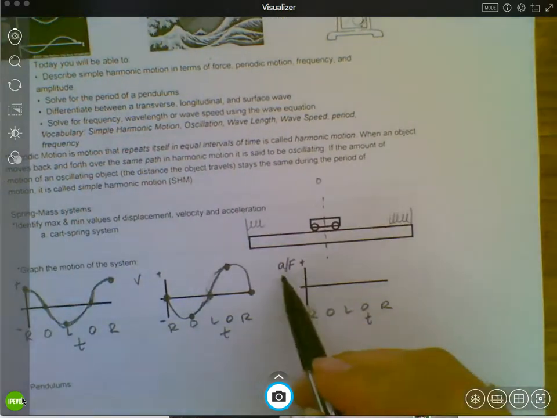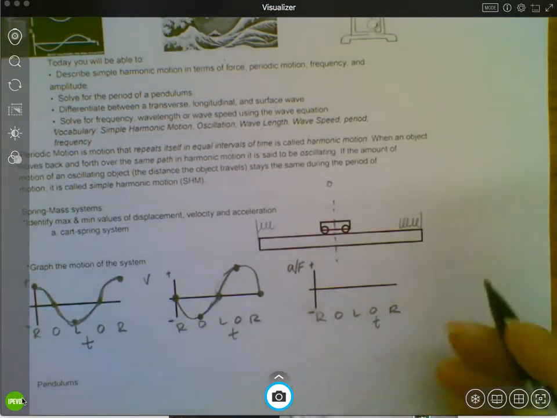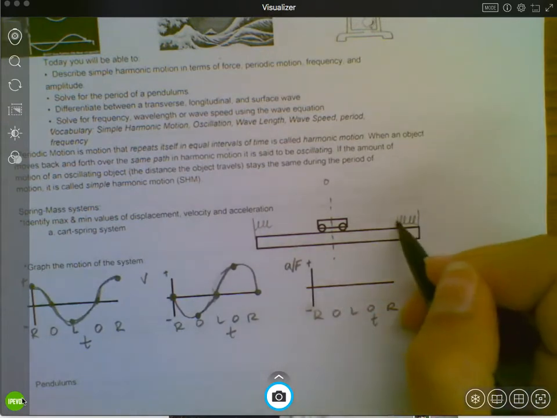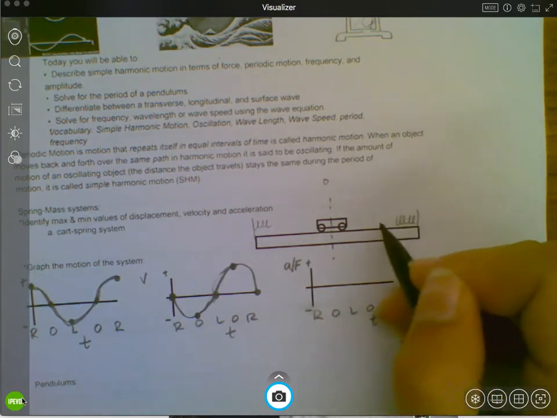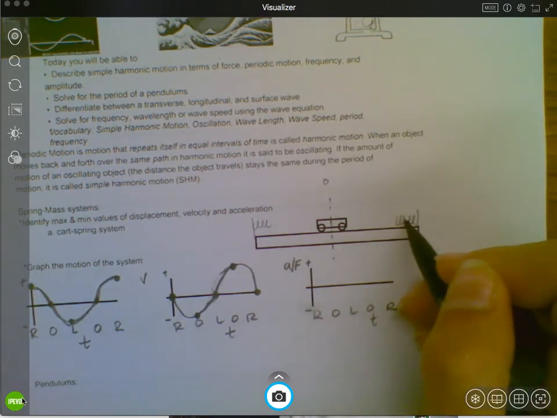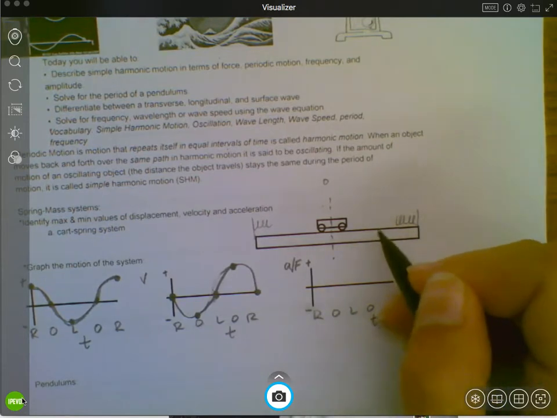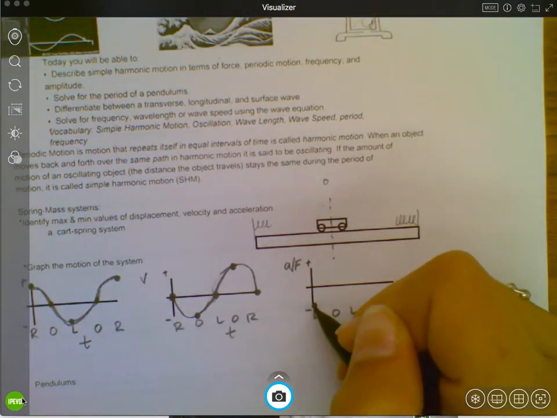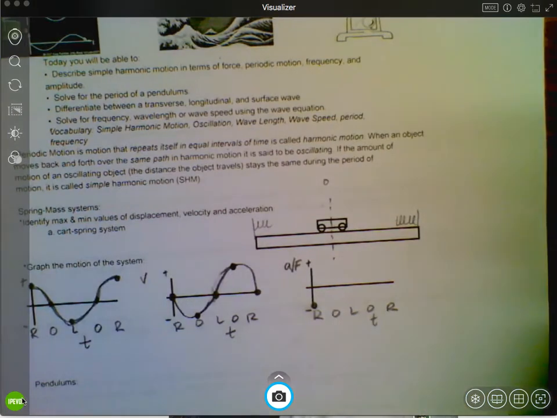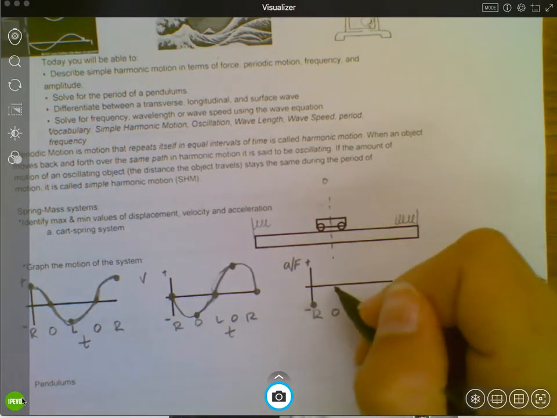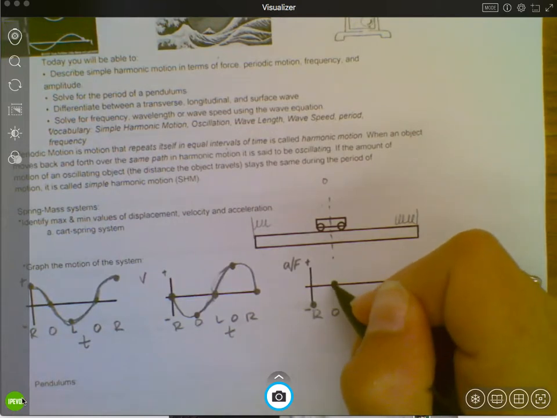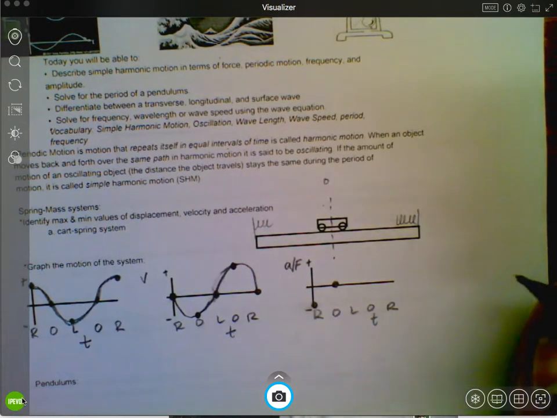Last piece, the acceleration and the force. This one's a little bit hard to picture, but when we're far right, the force of the spring pushing on the cart is to the left, and it's at its maximum when it's pushed all the way to the right. So maximum force pushing to the left gives us a maximum negative force. Then at the origin, it should have 0 force and 0 acceleration.